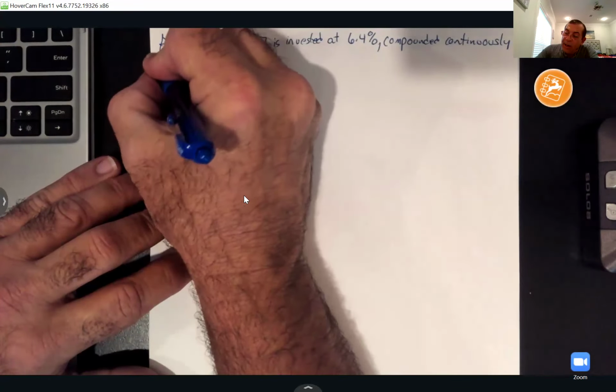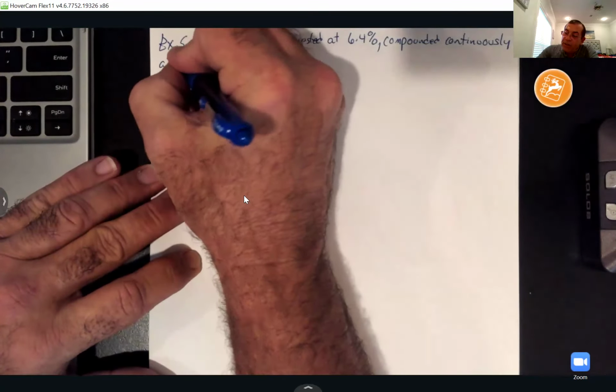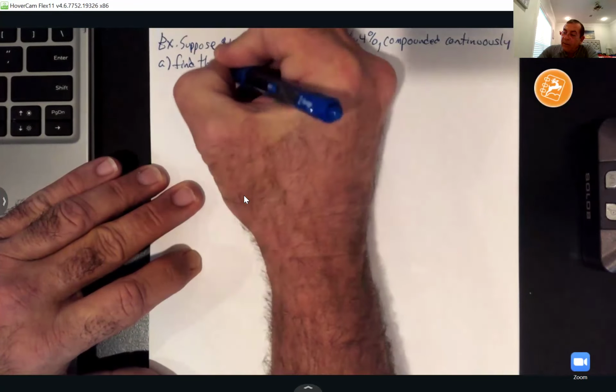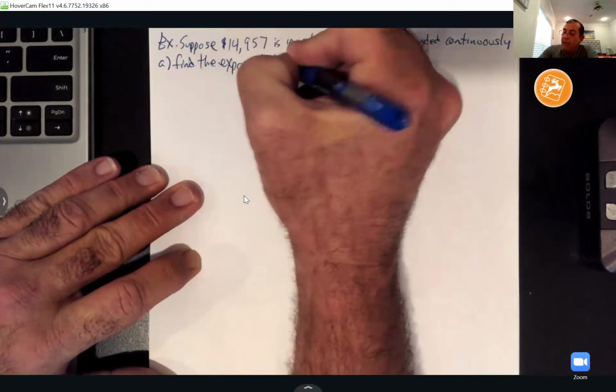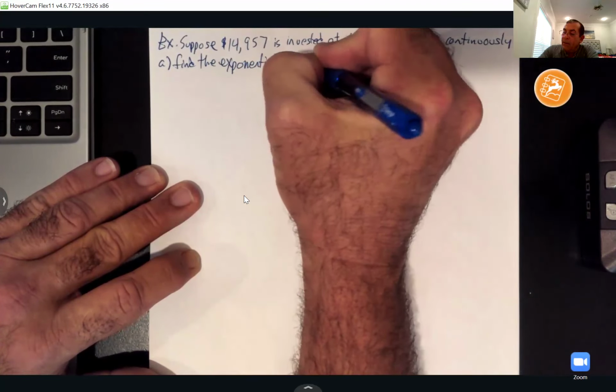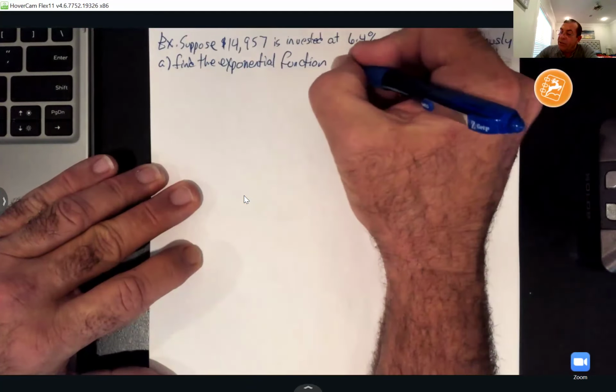So for part A, find the exponential function that describes the amount after t years.